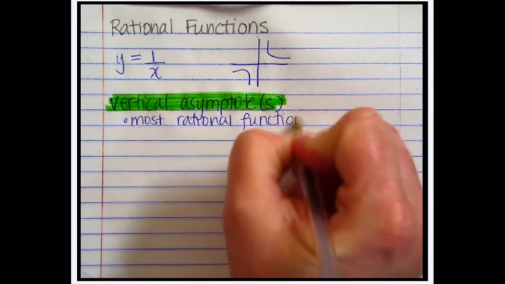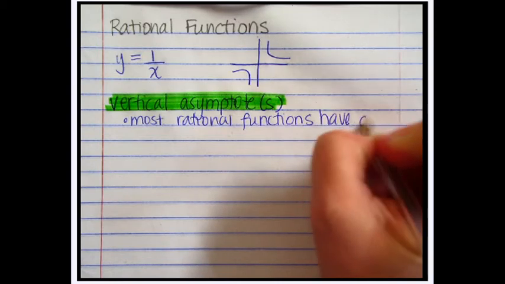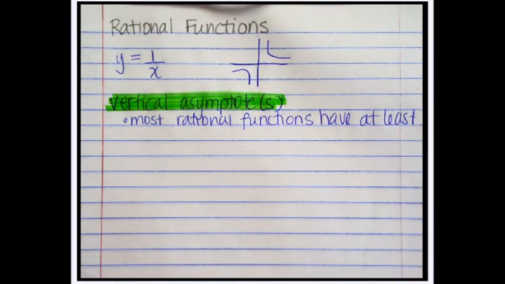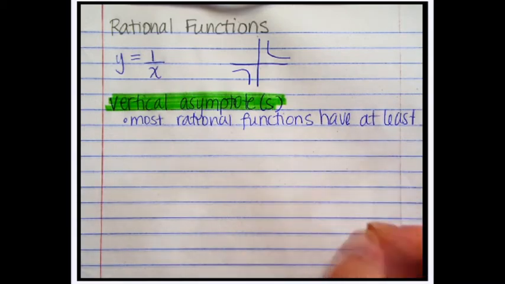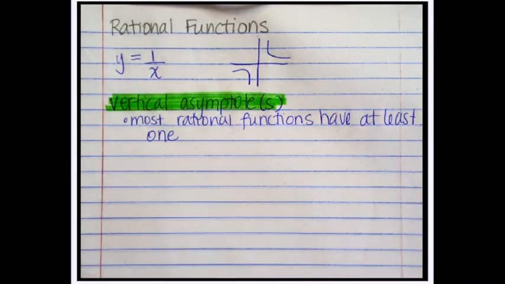And not only do they usually have one, they can have more than one. Okay, so most rational functions have at least one vertical asymptote. We could have two, we could have three. Okay, we won't deal with usually anything more than two, but they could have more.